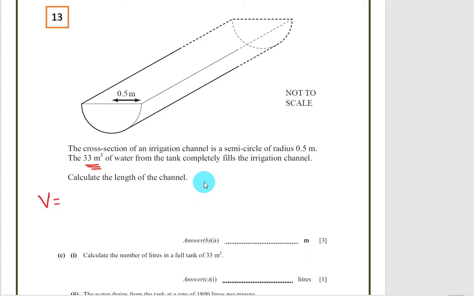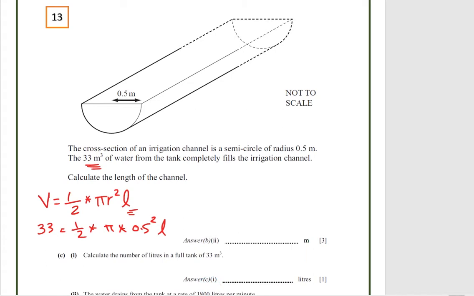Volume is equal to half, because it's a semi-cylinder, multiplied by pi r squared L. We need L. So the volume, which is 33, is equal to half by pi by 0.5 squared L.